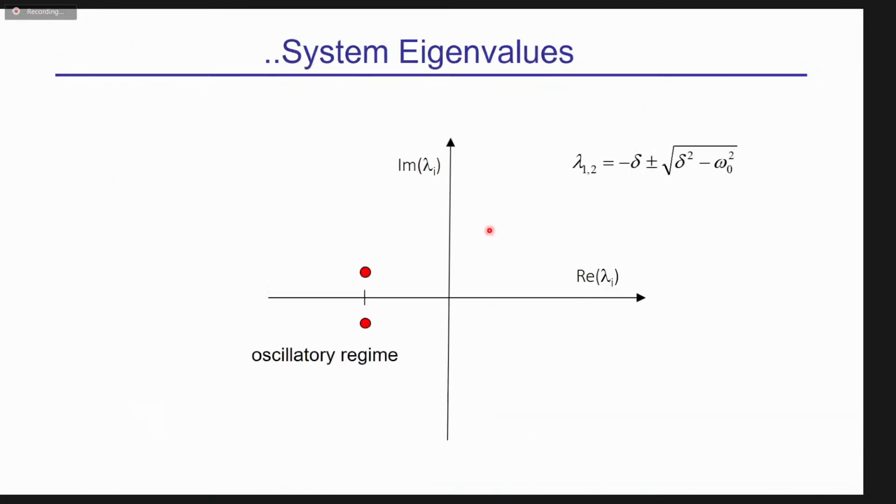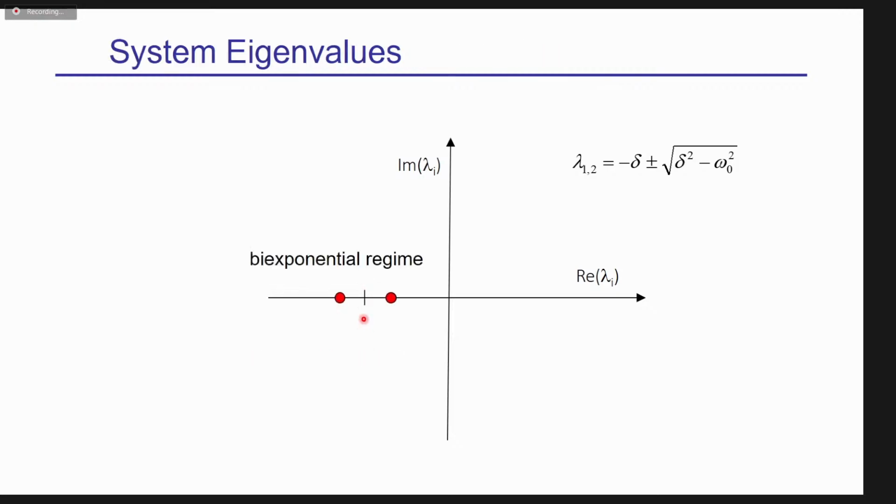And now, more in detail on the phase transition, it's helpful to consider the system eigenvalues. In the oscillatory regime, there are two eigenvalues with a negative real value, and they're split up by different imaginary values in the complex plane. So we have a gap in the bi-exponential regime. There also is a gap, but along the real axis.